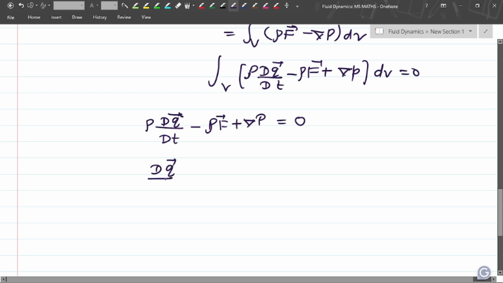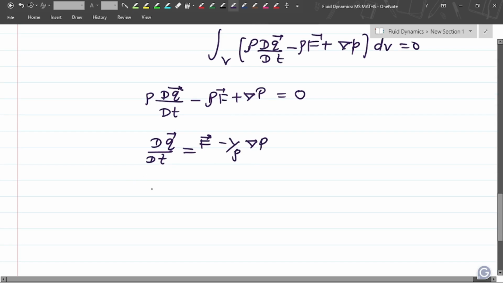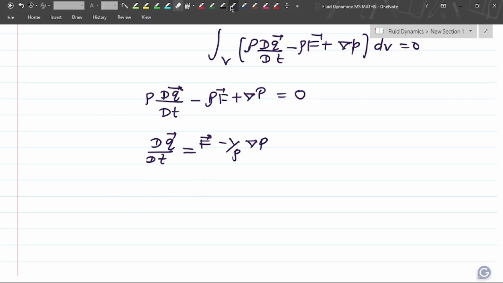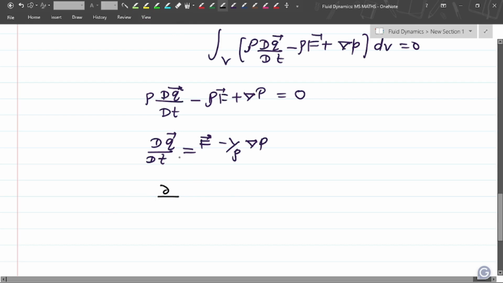So dq vector by dt is equal to f vector minus 1 upon rho into del p. Here d by dt is equal to dou by dou t plus q vector dot del. So this is the relation, we know that.